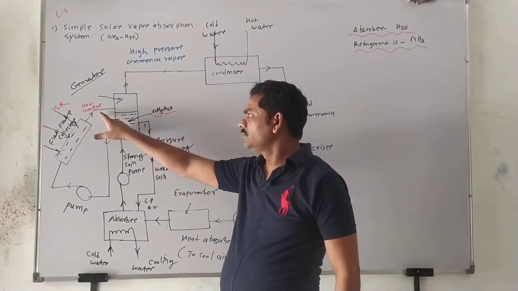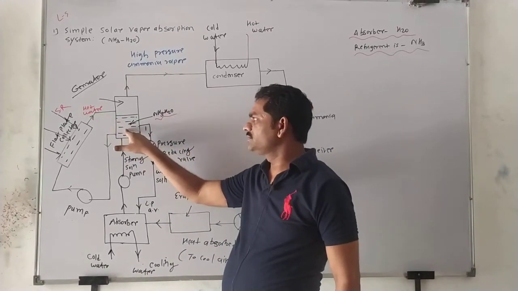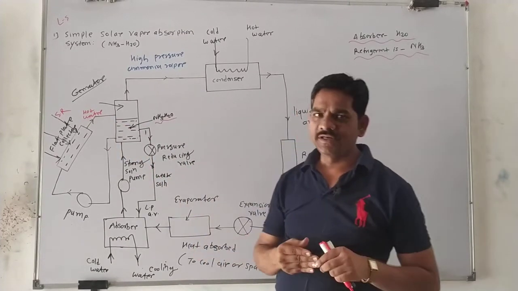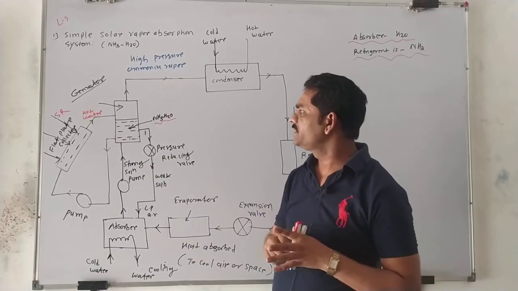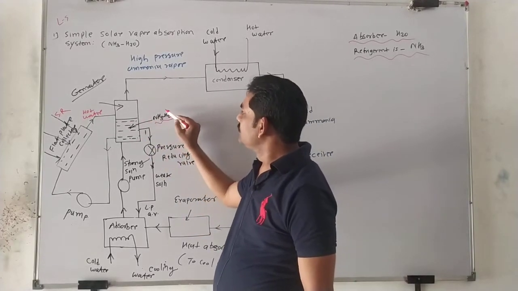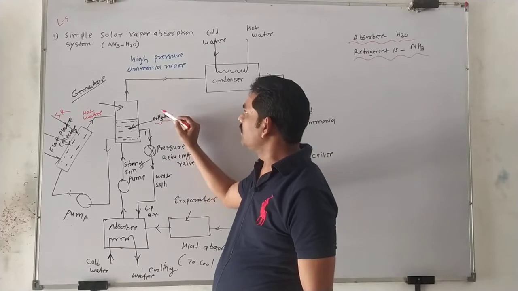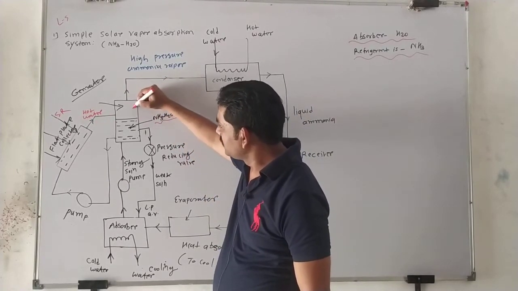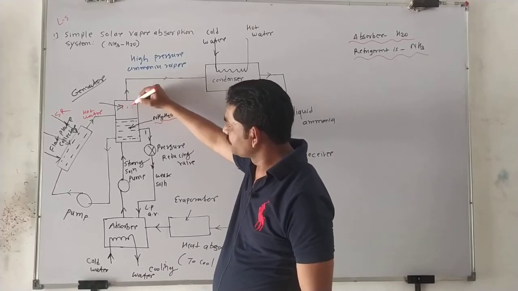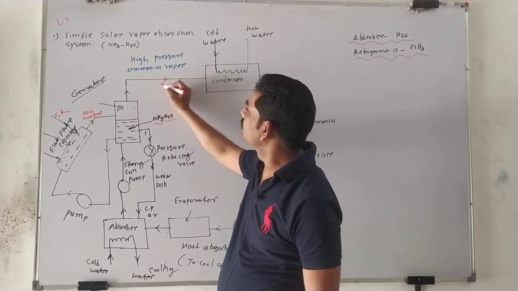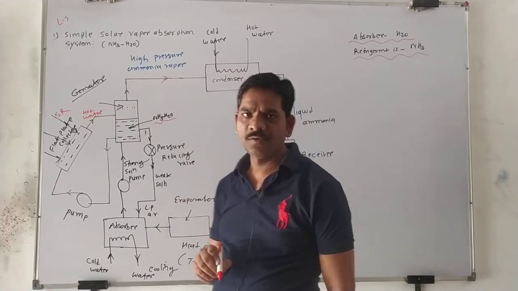Now this hot water is supplied to the generator, so heat is exchanged in the generator. Whenever the heat is exchanged, the ammonia is released from the water, and this ammonia flows through these pipelines.